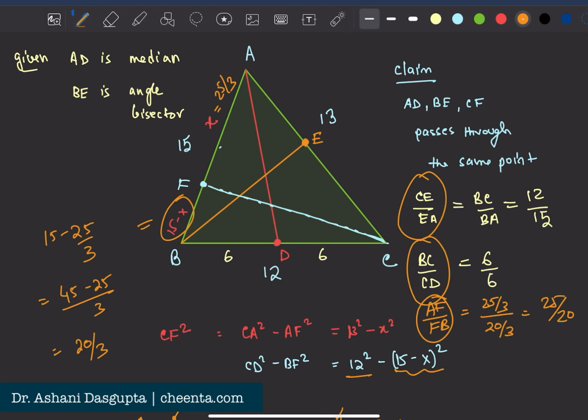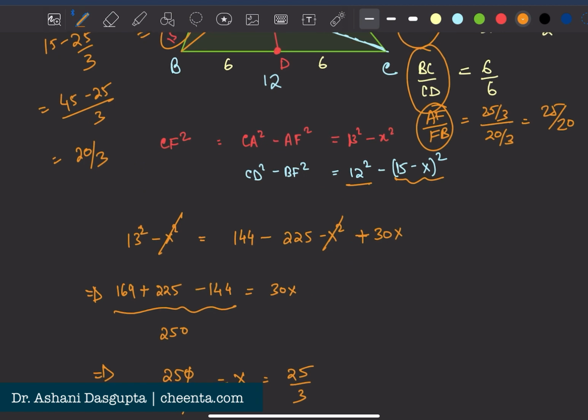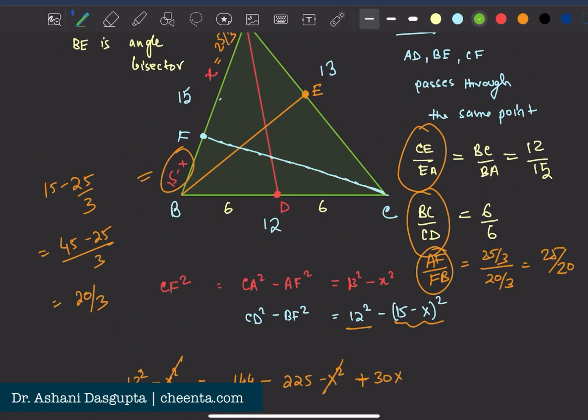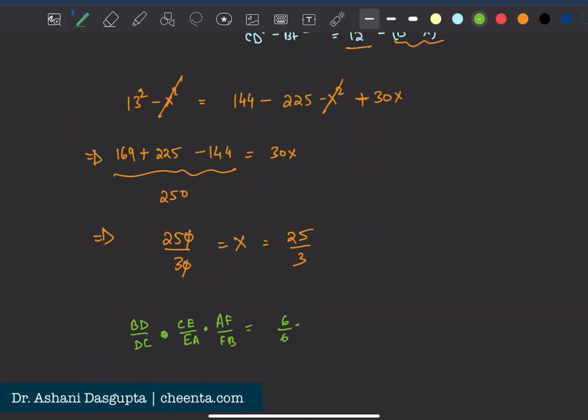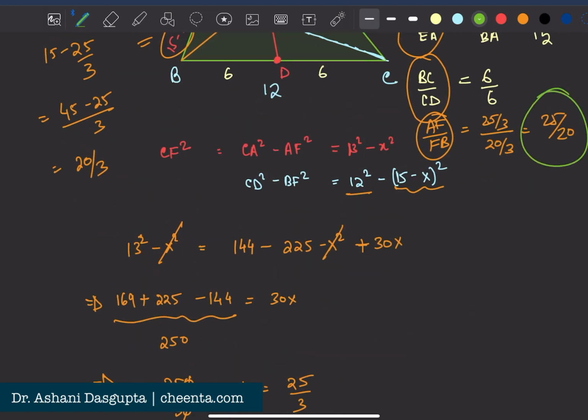And you can check that if I do BD over DC times CE over EA times AF over FB, this turns out to be 6 over 6 times 12 by 15 times 25 by 20.